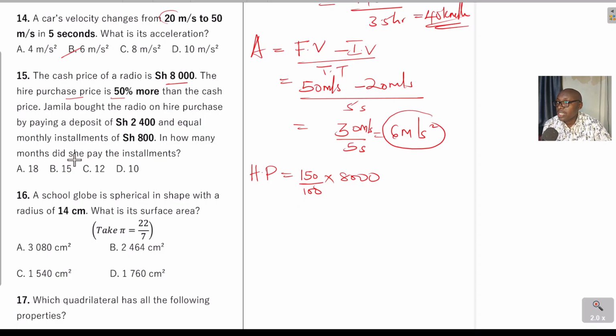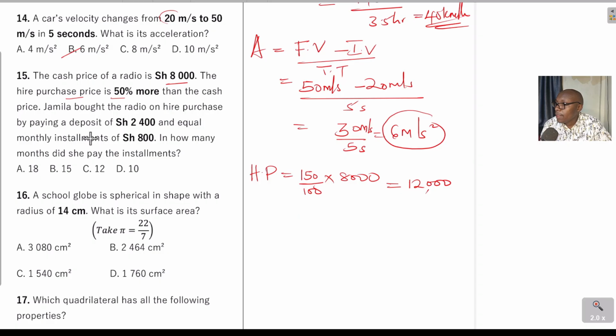So if the hire purchase is 50% more, you take 100 plus 50. That is when you get 150%. So it will be 150% of the cash price. Working this out gives the hire purchase amount: 150 divided by 100, multiplied by 8,000, gives 12,000. So the hire purchase amount is therefore 12,000.